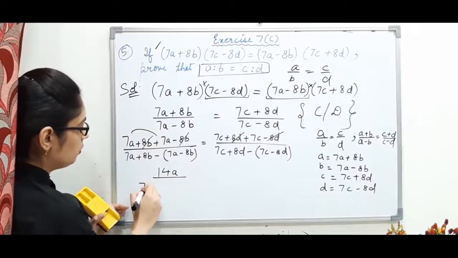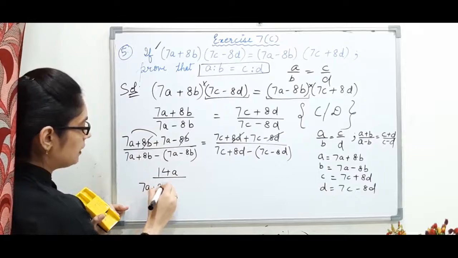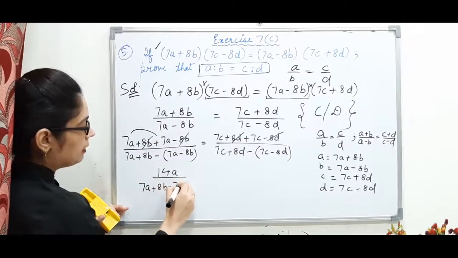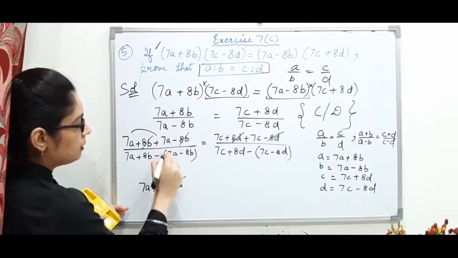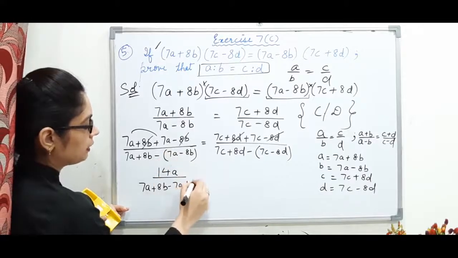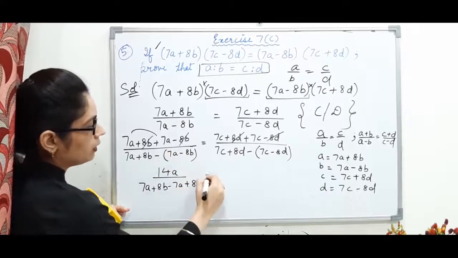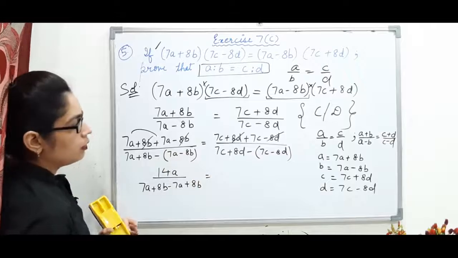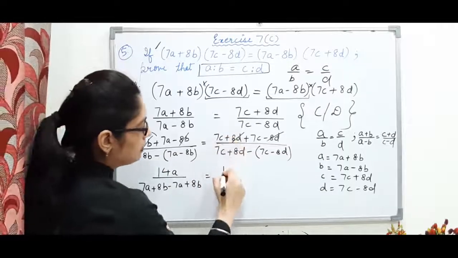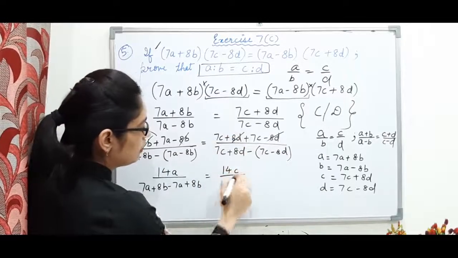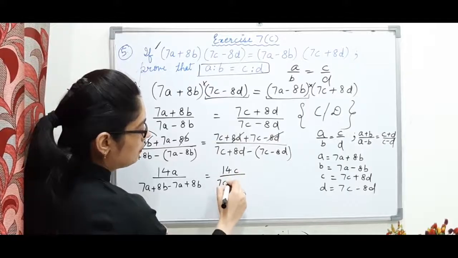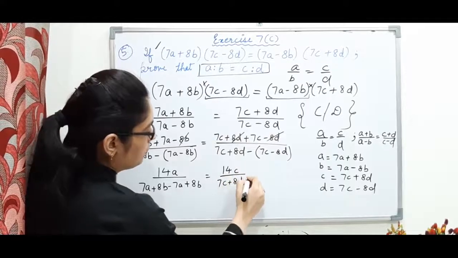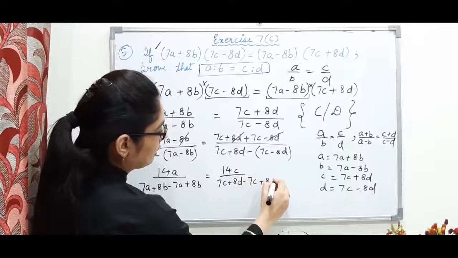Now let's open the bracket. 7a + 8b minus 7a, because minus times plus is minus, and minus times minus is plus. And 7c plus 7c is equal to 14c. So 7c + 8d minus 7c plus 8d.